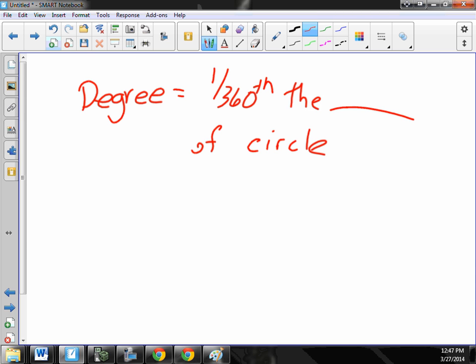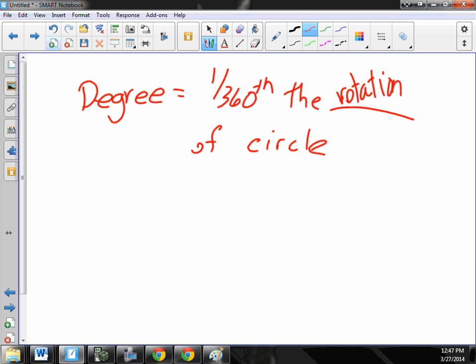Exactly. It's 1/360th the rotation of a circle. Are rotations limited to 360? No. Are they limited to 0? You can be negative. Is there a difference between a 360 and a reverse 360? Right. They're going to end up facing the same direction, but the actual process is different.